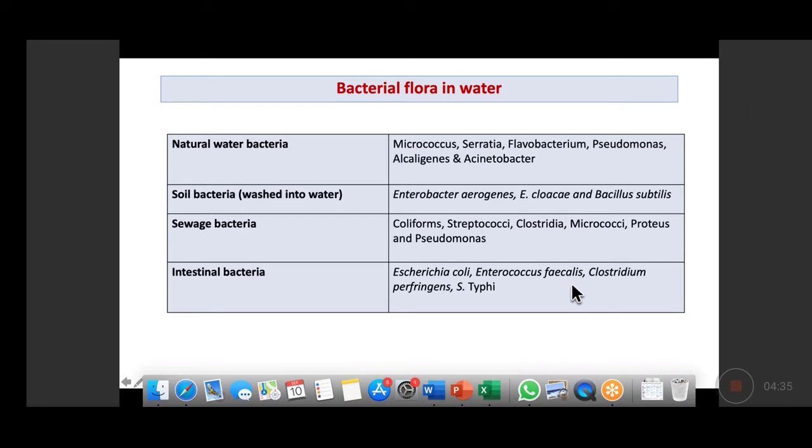So can any one of you tell me what is the significance of testing water quality? Can anyone tell me what is the importance of water bacteriology? Am I audible?